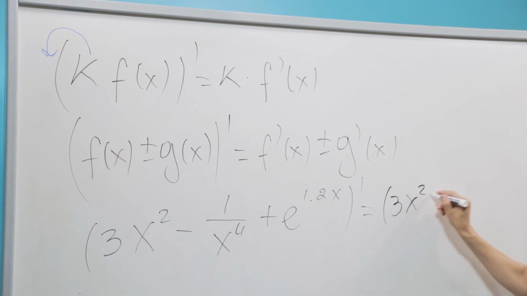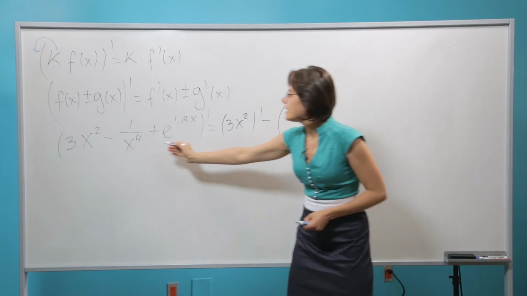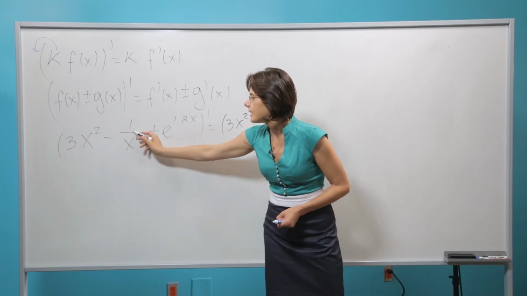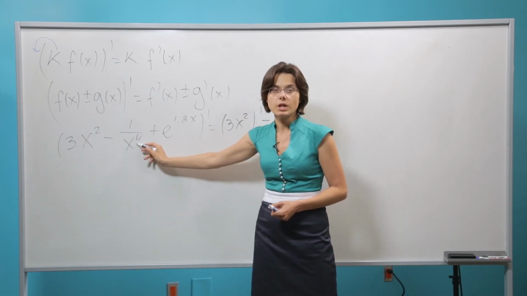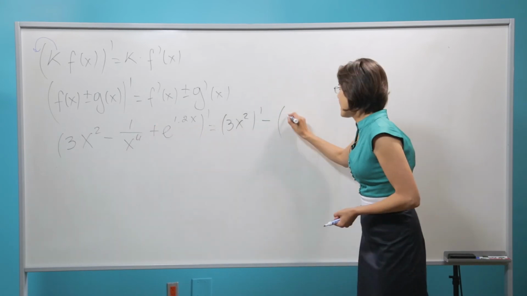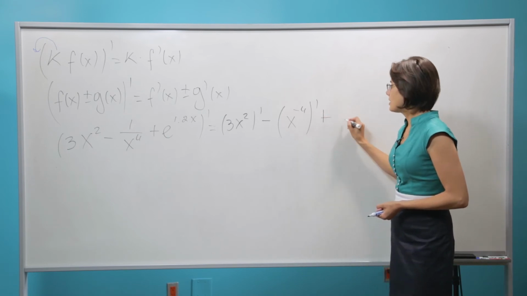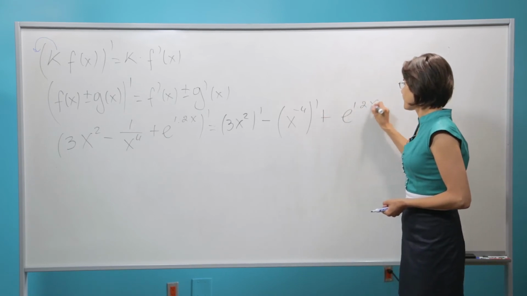First function derivative minus second function derivative. And for the second function, again, I have 1 over x to the power of 4. Like in the previous example, I will introduce it as a negative power. So x to the power of negative 4 derivative plus the third function derivative.